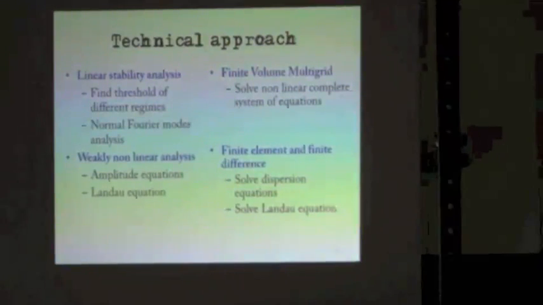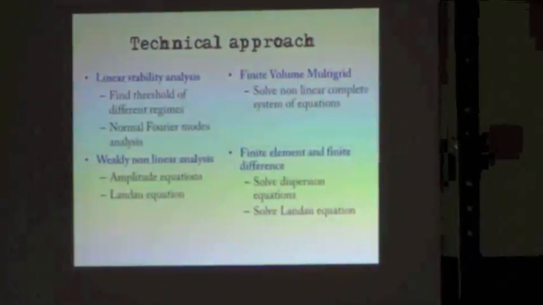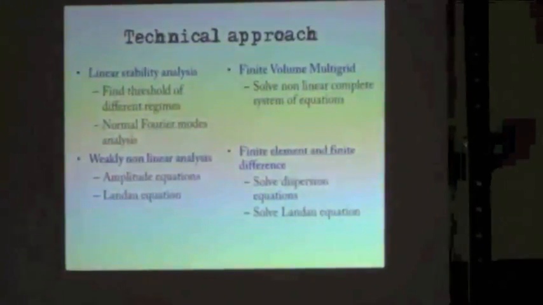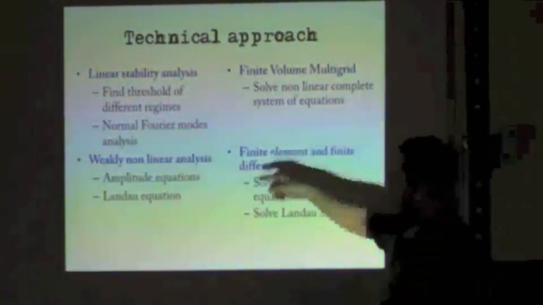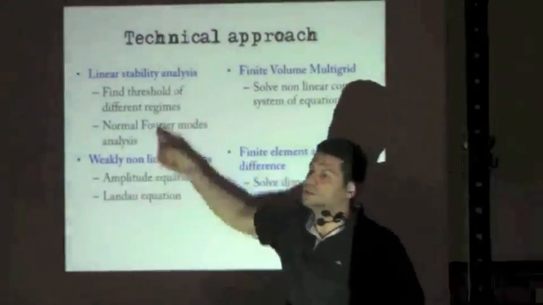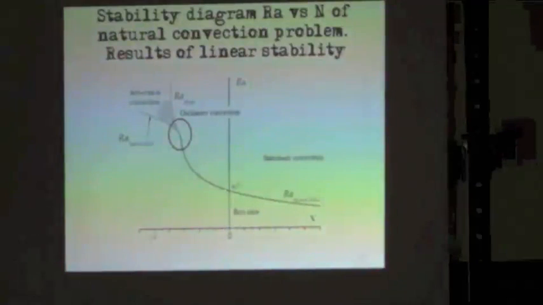To solve the nonlinear complete system of equations, we use finite volume multigrid, and finite element and finite difference to solve the dispersion equations and the Landau equation. These numerical methods solve the dispersion equation issued from linear stability and the weakly nonlinear stability systems.